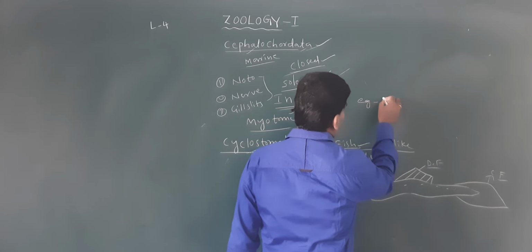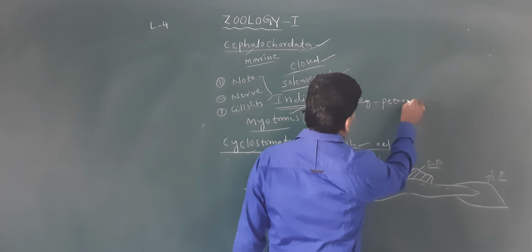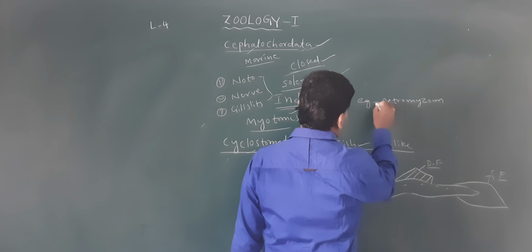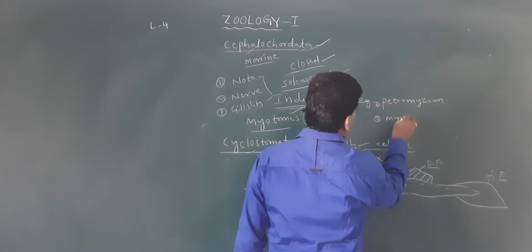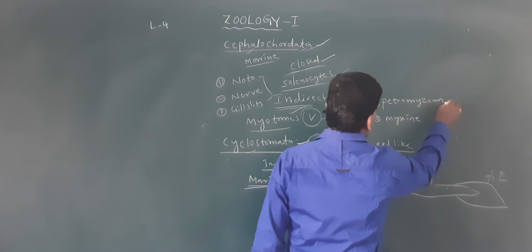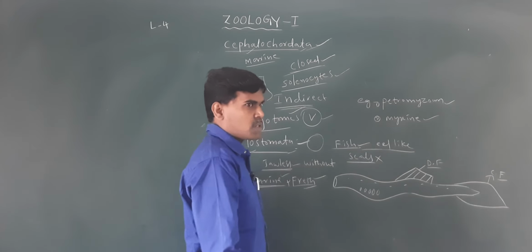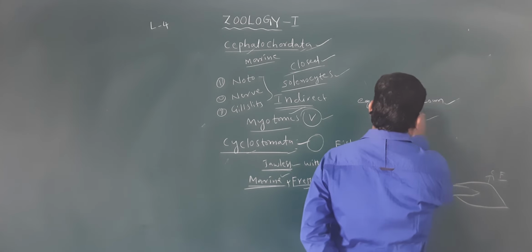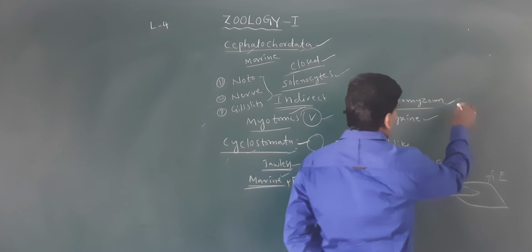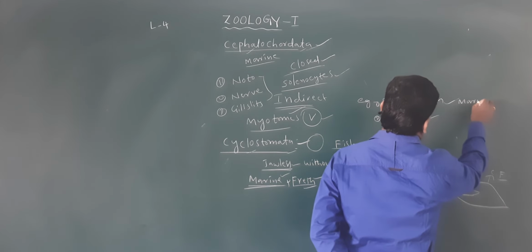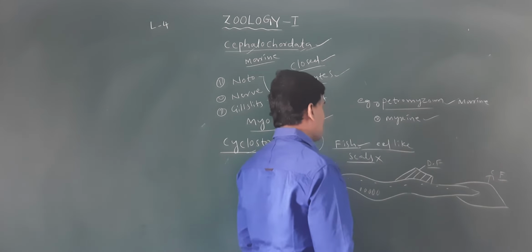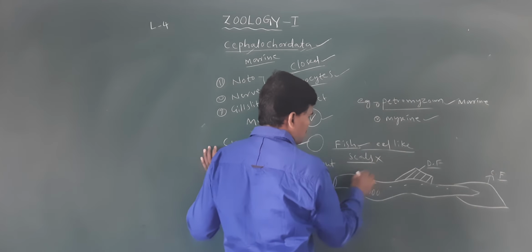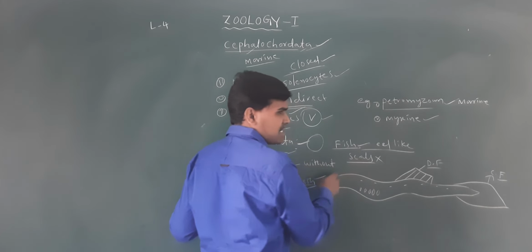Examples: Petromyzon and second, Myxine. Where does Petromyzon live? It is a marine water animal. Petromyzon has a fish-like, eel-like body, but are scales present or absent?